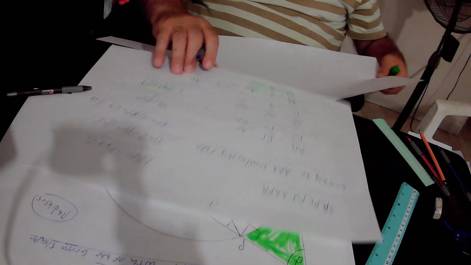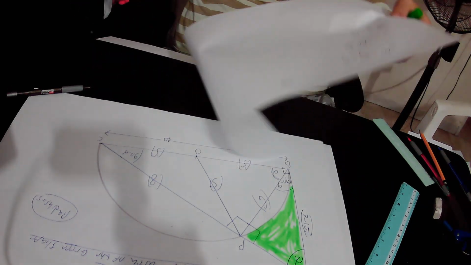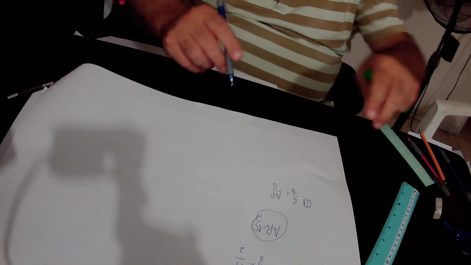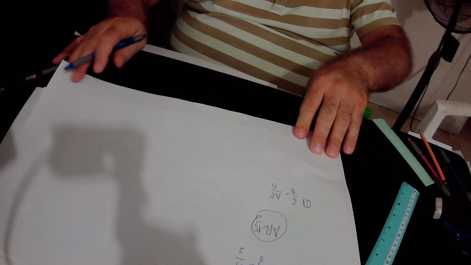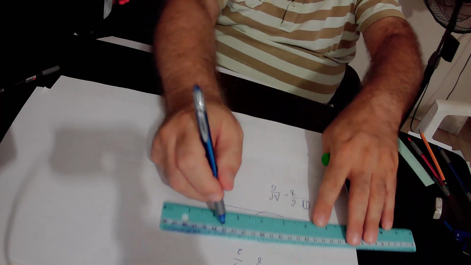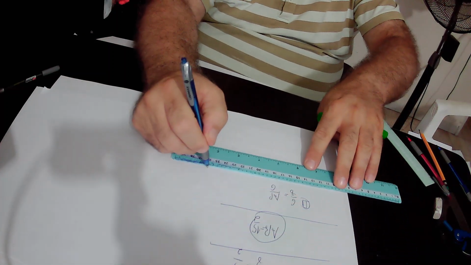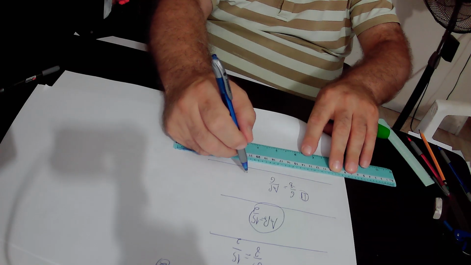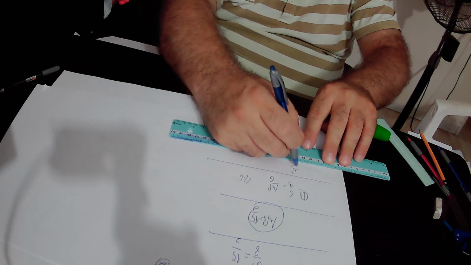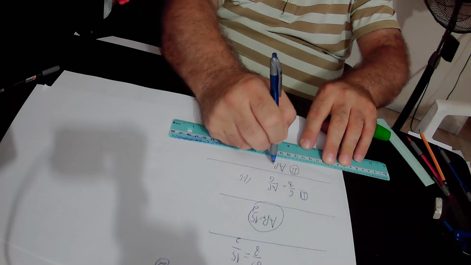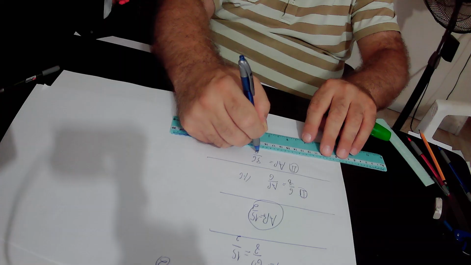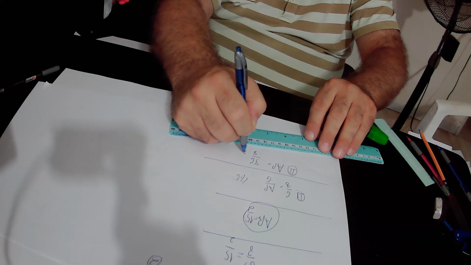According to equation 2, 6/8 equals AP over 6. Here we multiply equation 2 by 6, and we get that AP equals 6 times 6, that is 36 over 8. So AP equals 36 over 8.